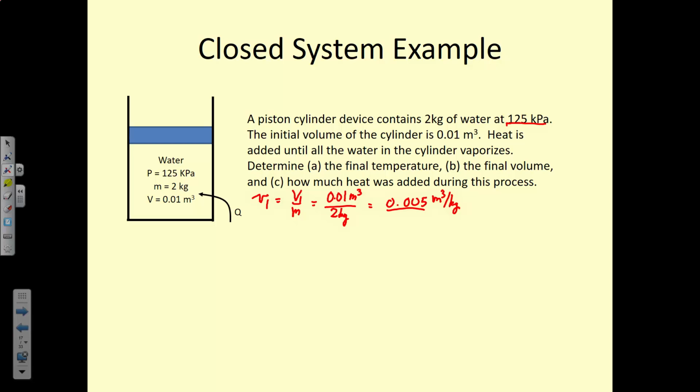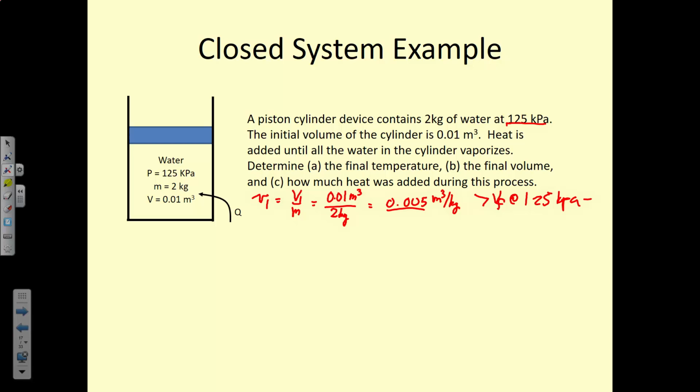A5. Because this V1 is greater than V sub F at 125 kilopascals, we know we have a saturated liquid vapor mixture. So because we have a saturated liquid vapor mixture, what do we then need to calculate?